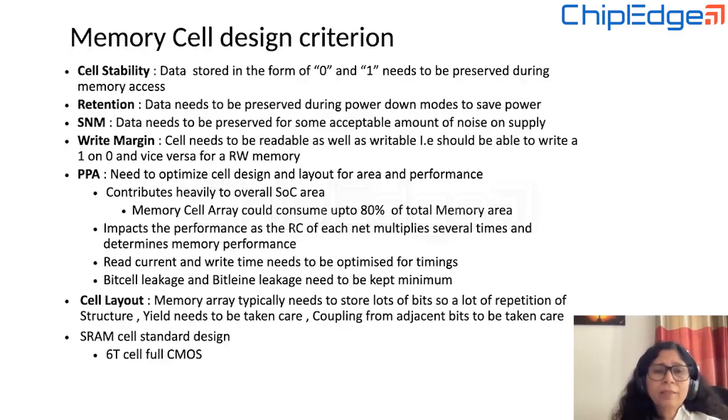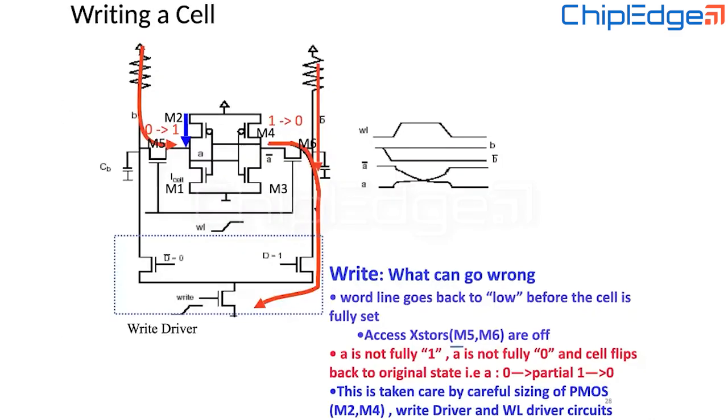And we have seen that these word line and bit line nodes are so important in deciding the performance, because it is this bit line which will discharge when we are reading or writing, and it is the word line which will get selected and deselected when we are reading and writing. So the RC load on these nets is very important. Basically, if we go back, the load on the word line and the load on the bit line is hugely dependent upon the sizing which we have done in the bit cell. The sizing of M5, M6 is a big contributor to the word line and the bit line load.